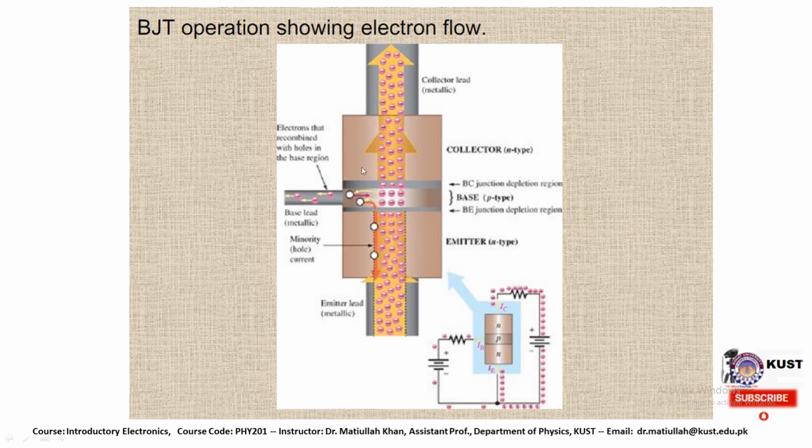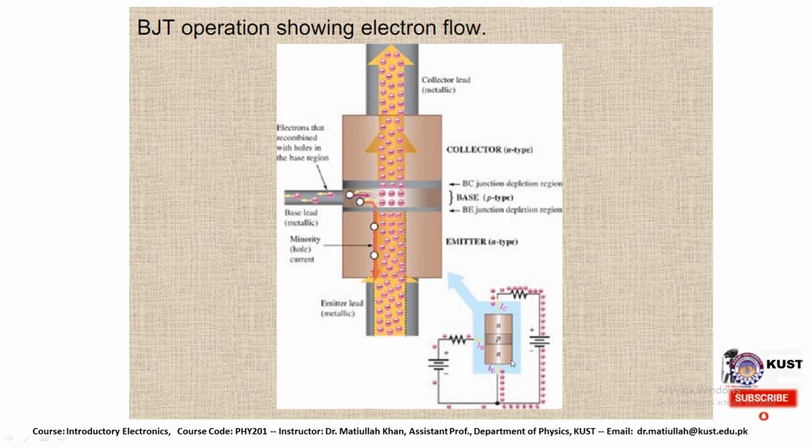When the external biasing is applied, what happens? We would like to explain the transistor biasing or operation in the case of an NPN transistor. This is the N-type region, again this is the N-type region, and this is the P-type region.